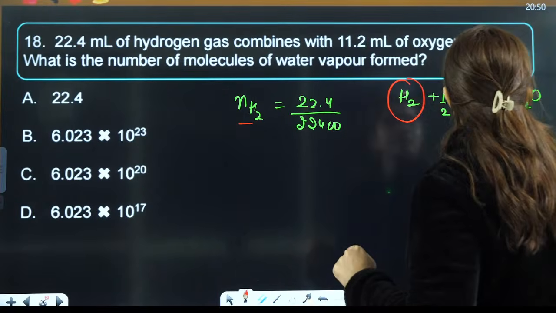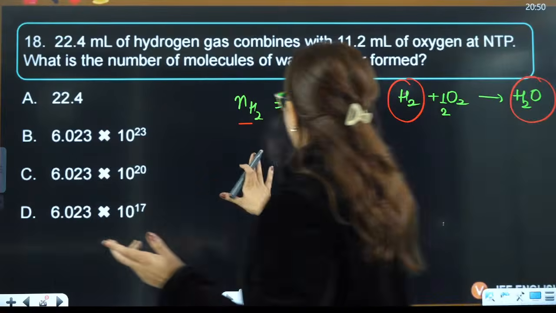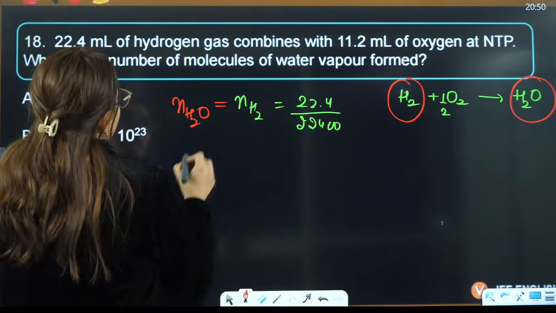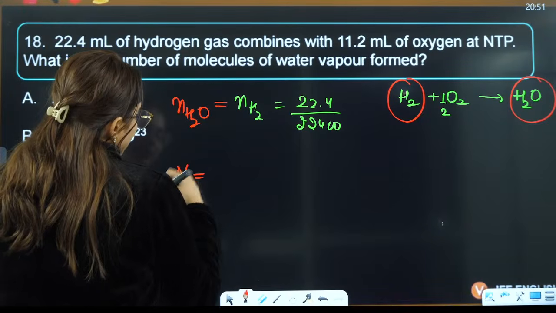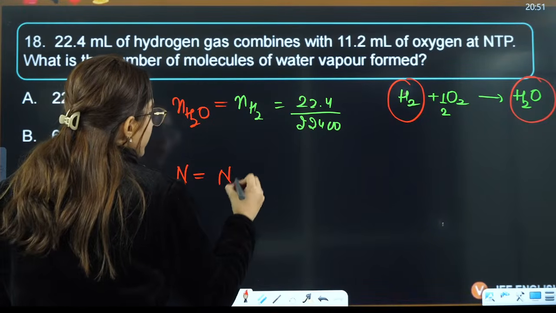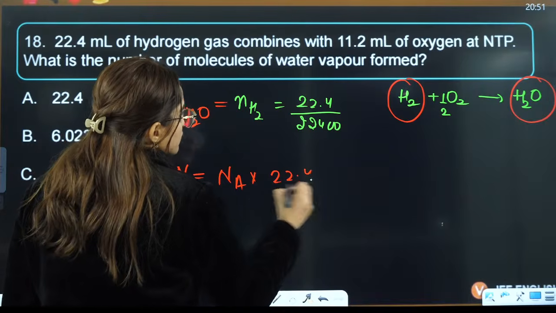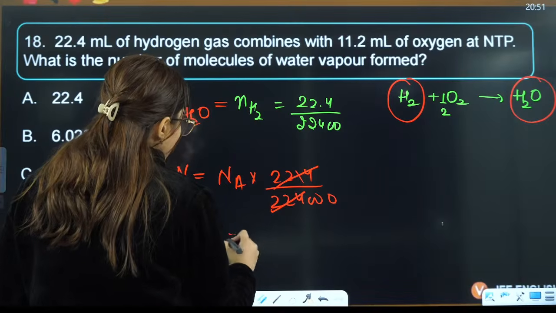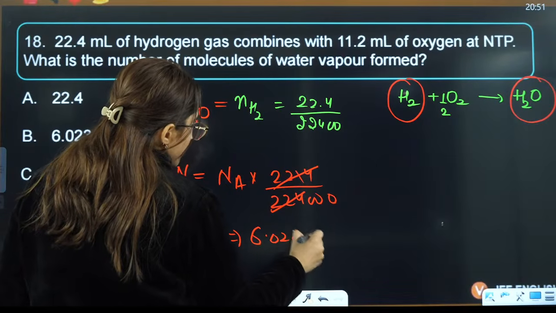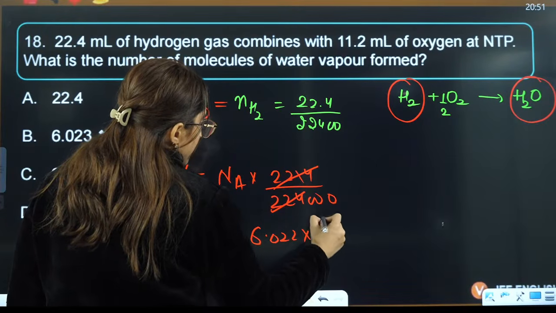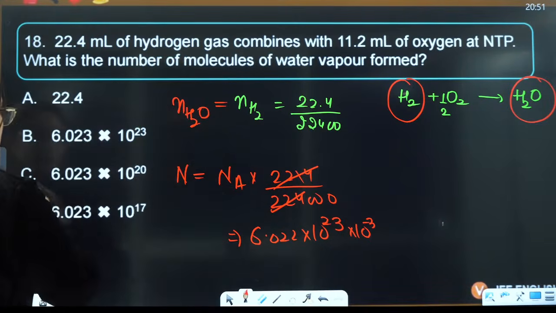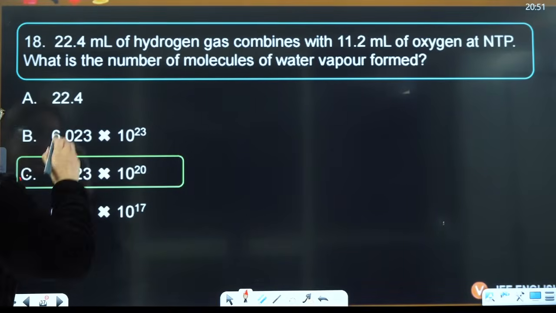Since these are the same, the number of moles of H2O equals the number of moles of H2. They are asking you the number of particles here. That will be Avogadro's number multiplied by 22.4 divided by 22400. This will cancel, and this is 6.022 times 10 raised to power 23 times 10 raised to power minus 3. So the answer is going to be C, the correct answer here.